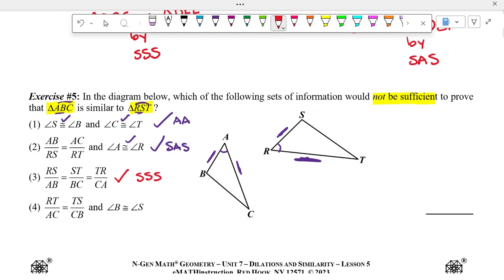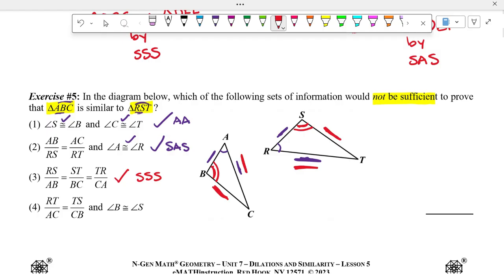Now, this last one, they got RT and AC, so these two. They got TS and CB, so these two. And they got B is congruent to S. So, based off of where the red stuff is marked, can we prove similarity by that?